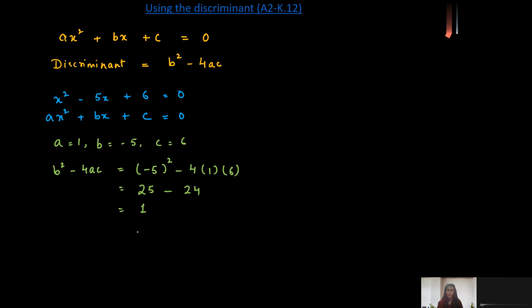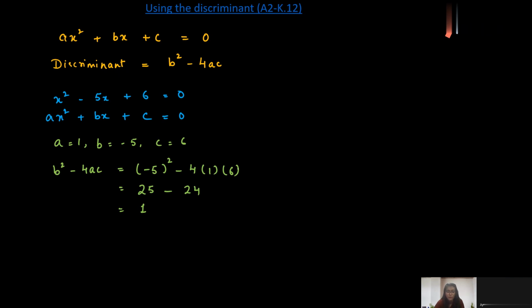Now, what is the meaning of this 1? What can we conclude from this discriminant value? Any idea? What x equals? Okay, you're somewhat there. So this value will not give us the exact solution, but it will tell us the nature of the solutions.